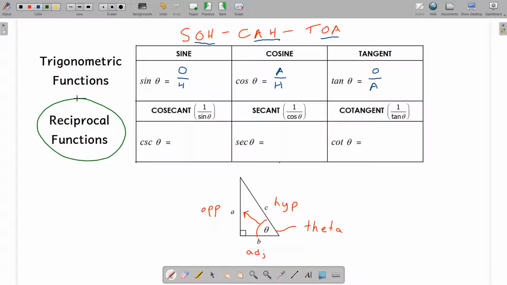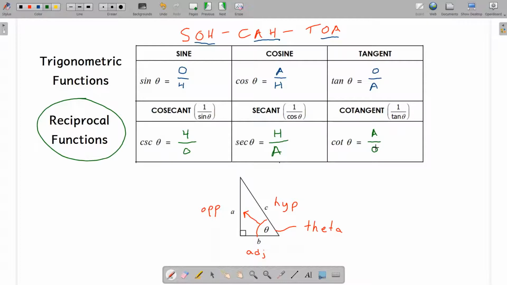So that means that cosecant, the CSC, is really going to be hypotenuse over opposite side. Secant is 1 over cosine, so it's the reciprocal of cosine, is going to be hypotenuse over the adjacent side. And cotangent is the reciprocal of tangent, which would make this the adjacent side over the opposite side.